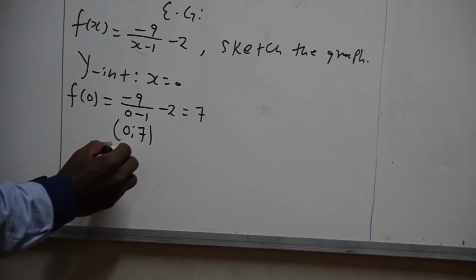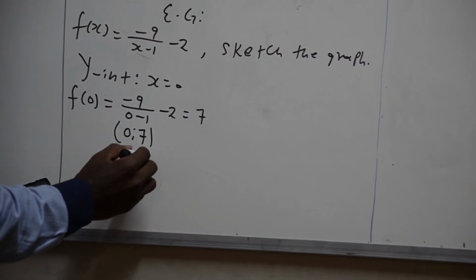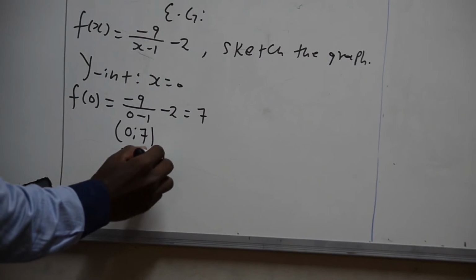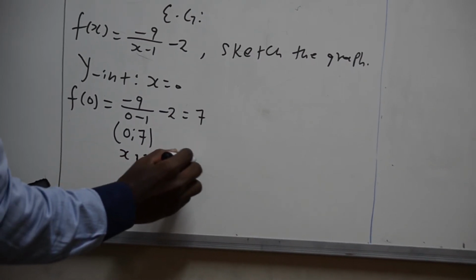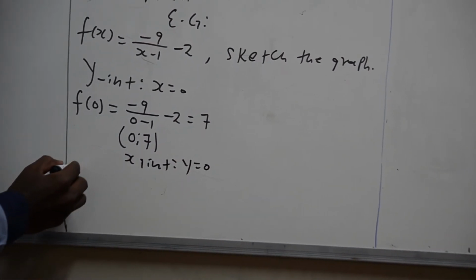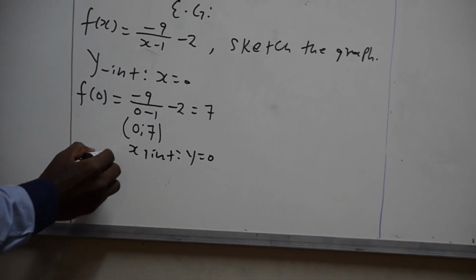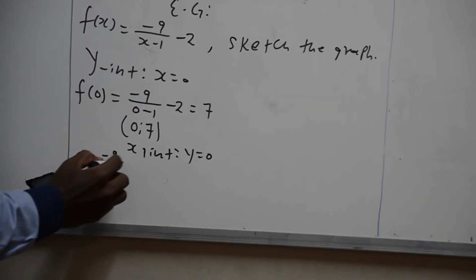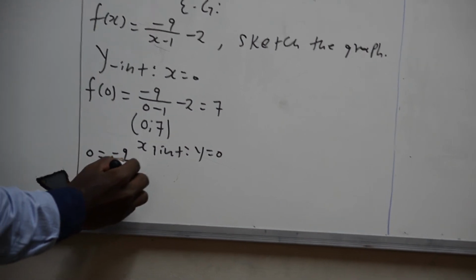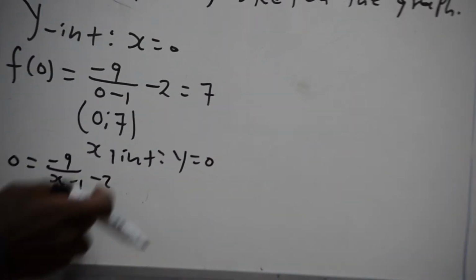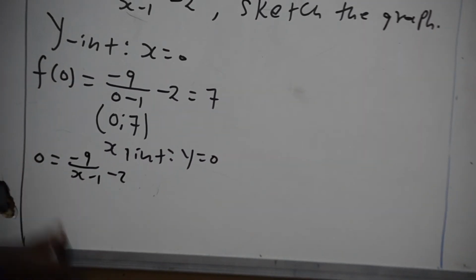For the x-intercept, y will be equal to 0. So you put 0 in place of y, and will be left with 0 equals 9 over x minus 1 minus 2. Take 2 across the equal sign.